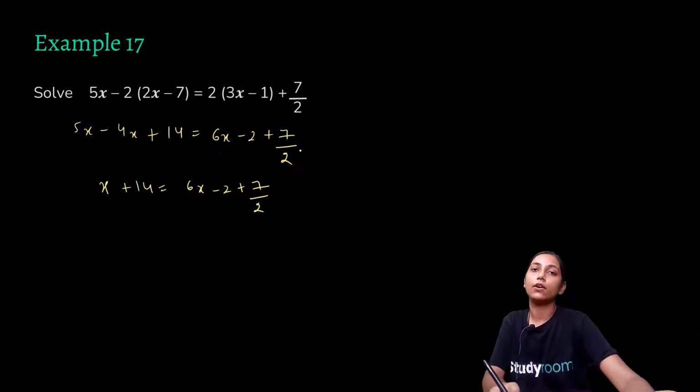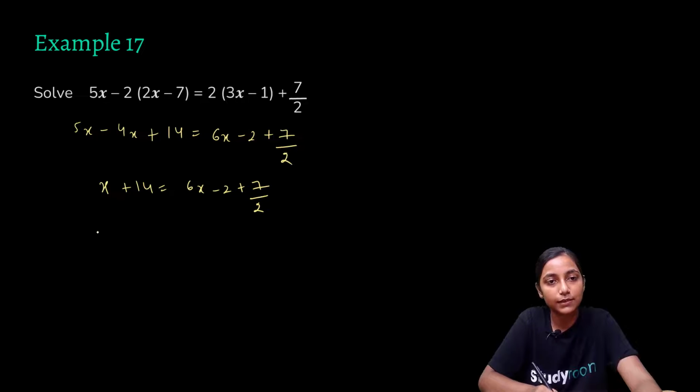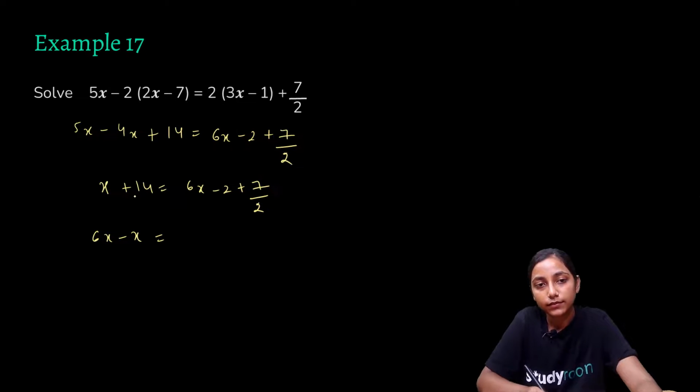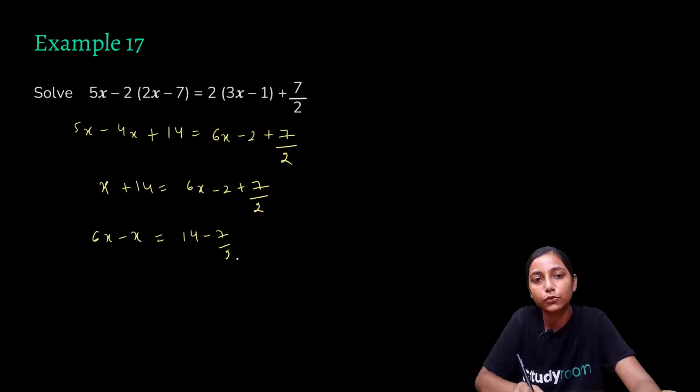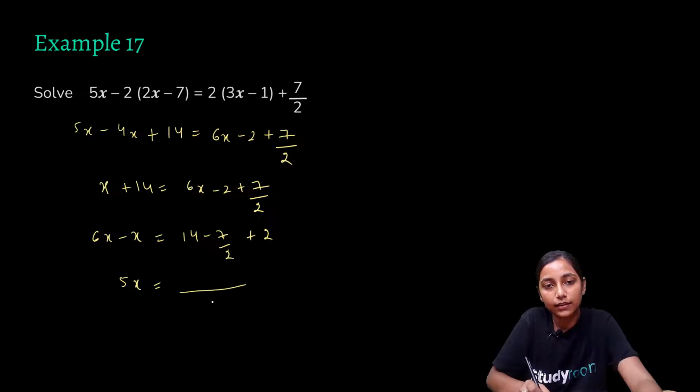Now keep the constant terms on one side and the variable terms on the other side. This will be 6x minus x equals 14 minus 7 by 2 plus 2. Now apply the mathematical operations on the like terms. We are getting 6x minus x, that is 5x, and for this we can take the LCM.